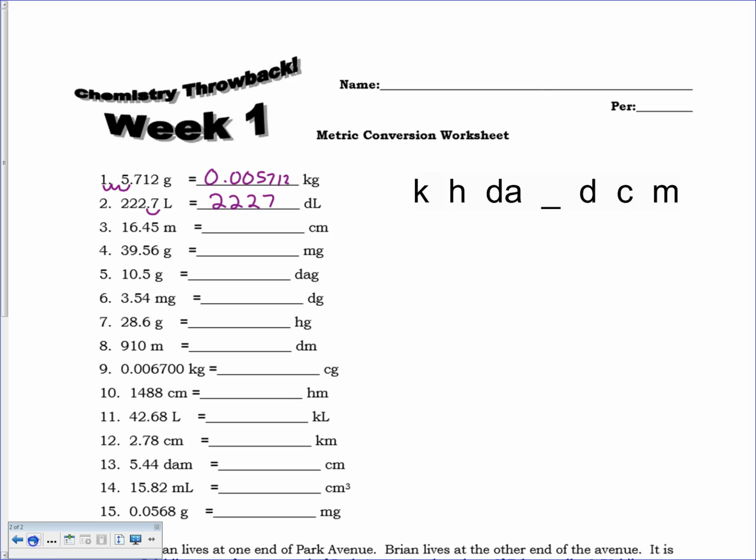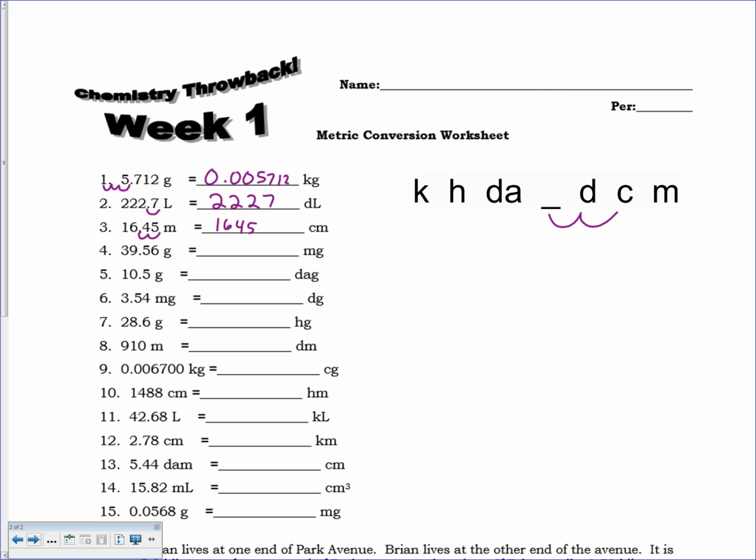On the next problem, we're going from meters to centimeters, so starting here with the base, going over 2 to the right. So we'll do the same thing with our decimal point here. We'll move it over 1, 2 spots to the right, so 1645 centimeters.